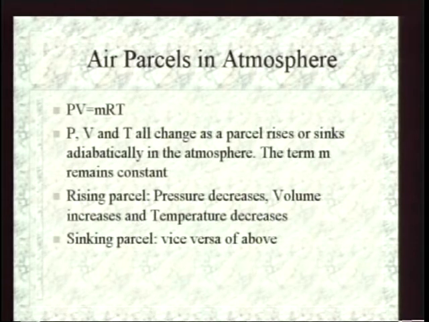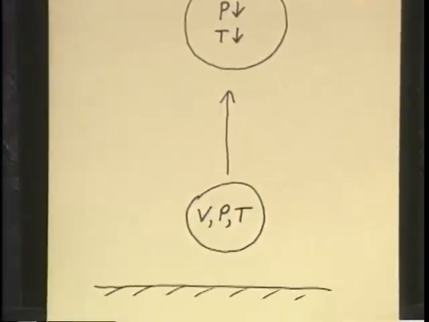If the parcel is rising, then the pressure will decrease, the volume will increase, and the temperature will decrease. And if the parcel sinks, you'll have the vice versa of that process. And on the overhead, we'll take a look in a little more detail at this process.